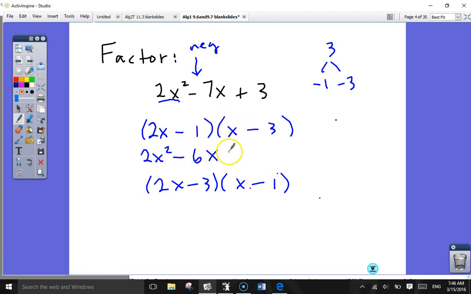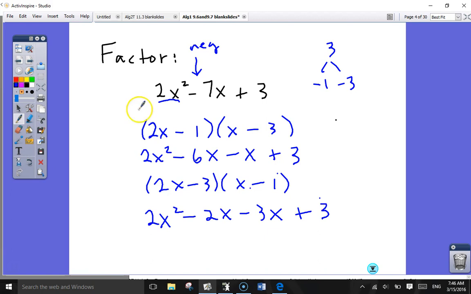Negative 1 times x is negative x. And then plus 3. The other one would have been 2x squared minus 2x minus 3x plus 3. Which one of those has a middle term that adds up to negative 7x? This is the one that works.